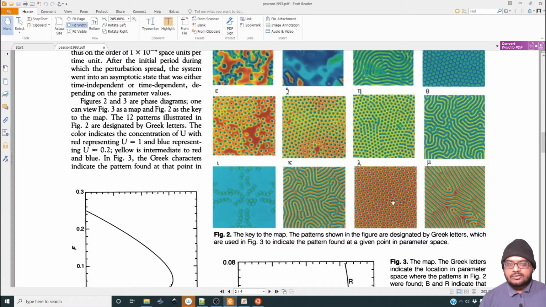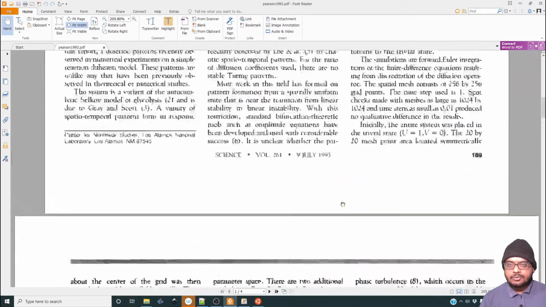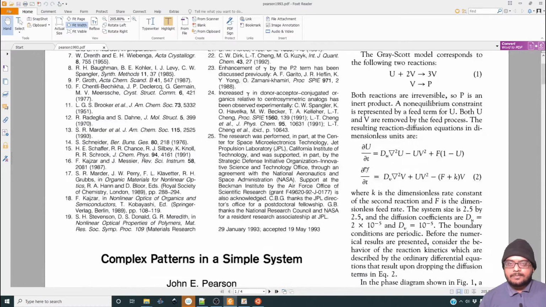Pearson showed that such a system is able to give rise to these complicated patterns.